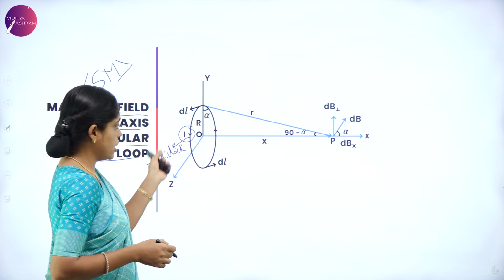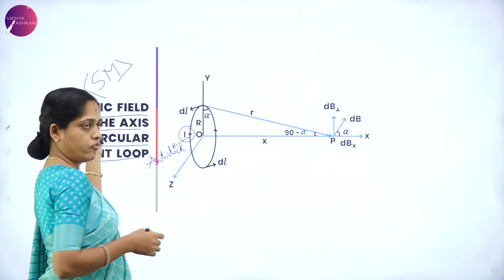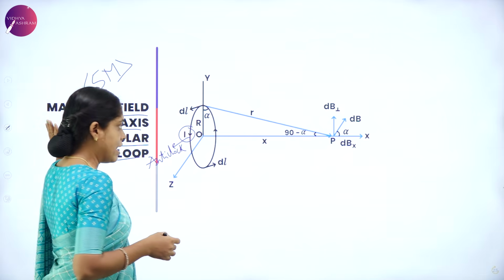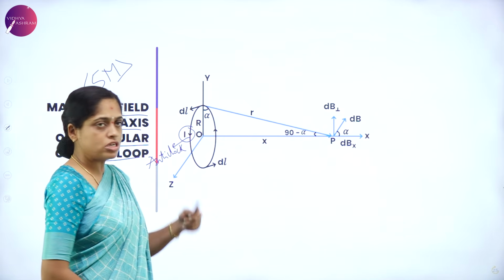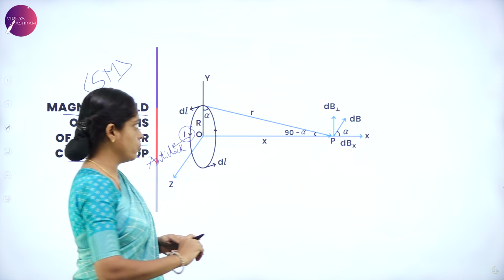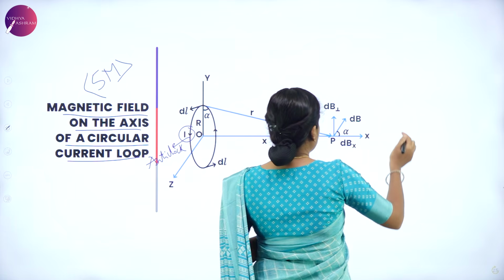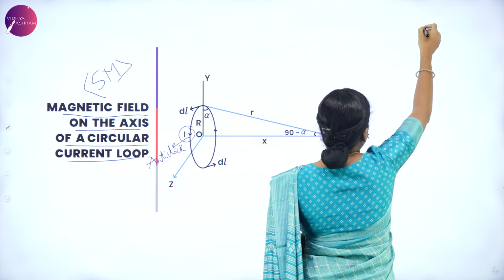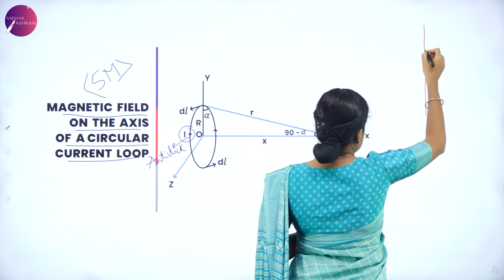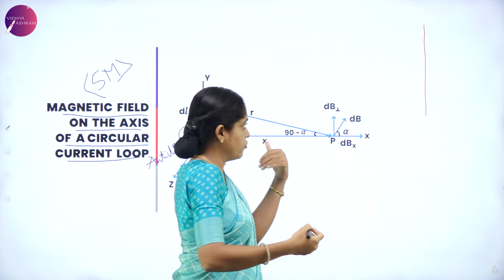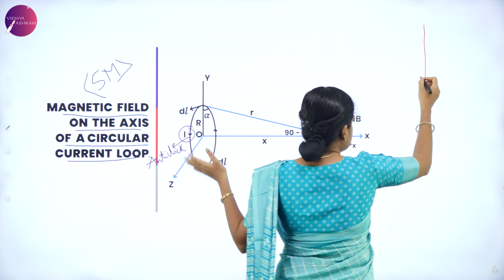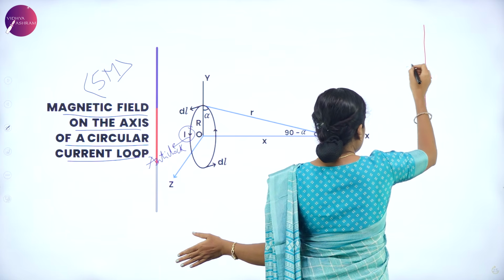When I consider clockwise, the direction of magnetic field will be towards the left. Now, how to find the direction of the magnetic field around this current carrying circular loop? To find that, you use the right hand thumb rule. First, I consider a straight wire to make you understand the thumb rule easily.